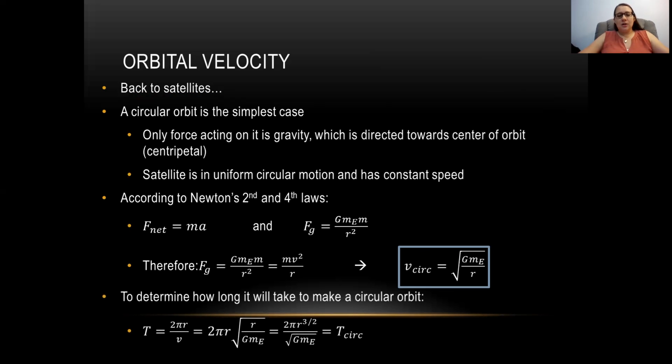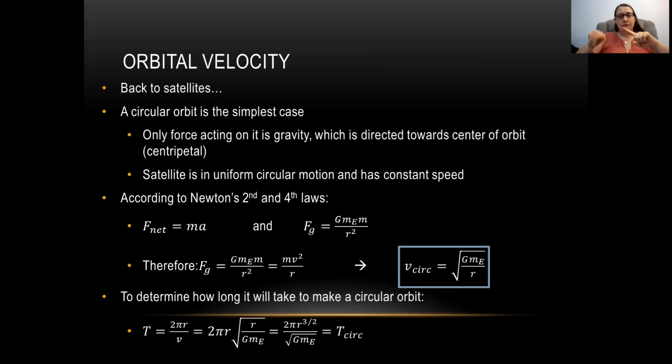So if we want to know how long it will take to make a circular orbit, one orbit around the Earth, that's its orbital period. Remember, period is a capital T because it's an amount of time. And that's the circumference of the circle divided by the speed that it's moving at. Right, so the circumference of the circle is 2 pi r.